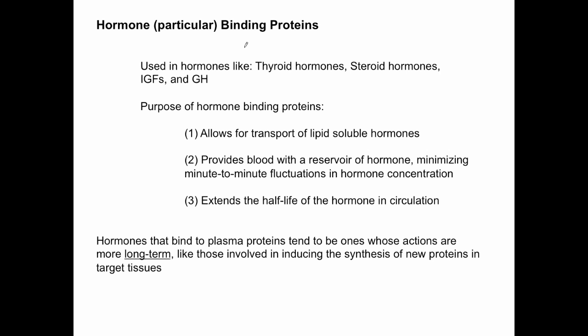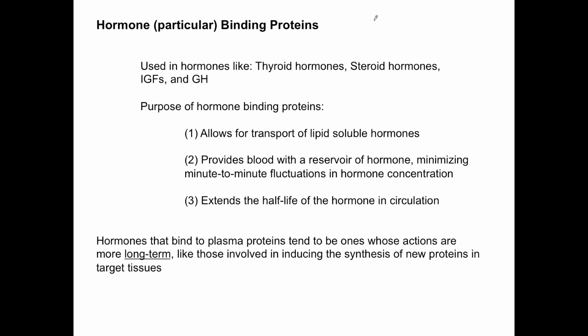Now, there are really two types of plasma proteins that bind to hormones. We have a very generic binding in the form of binding to albumin. Okay?